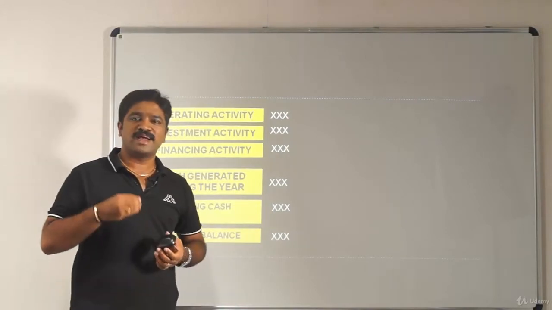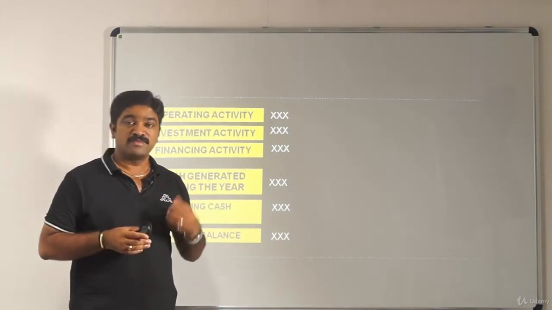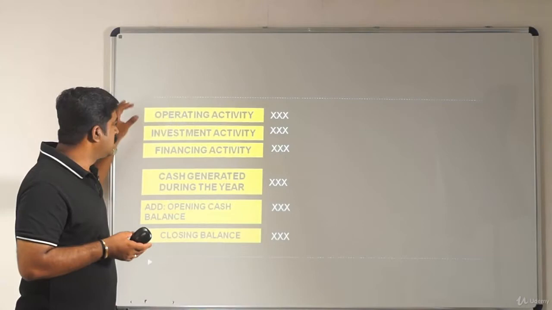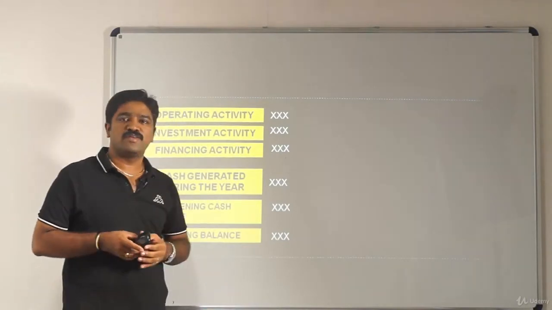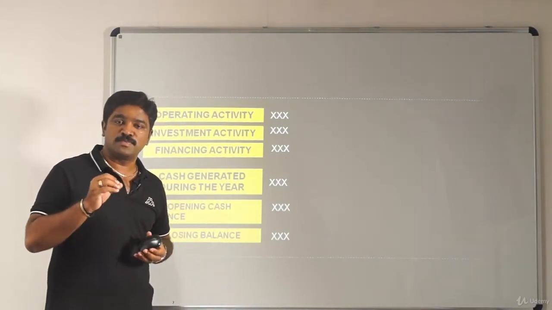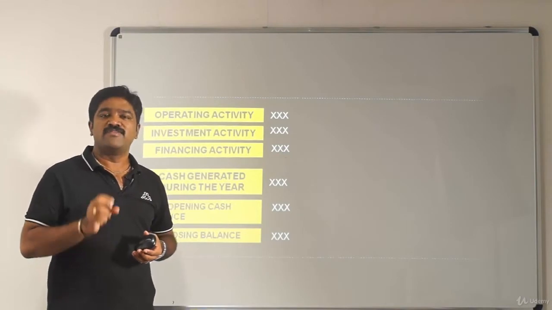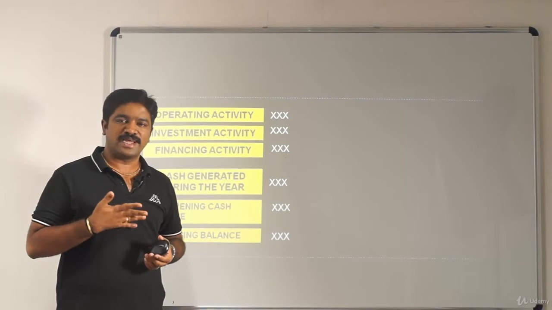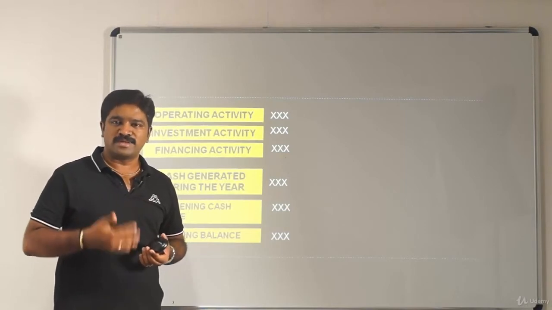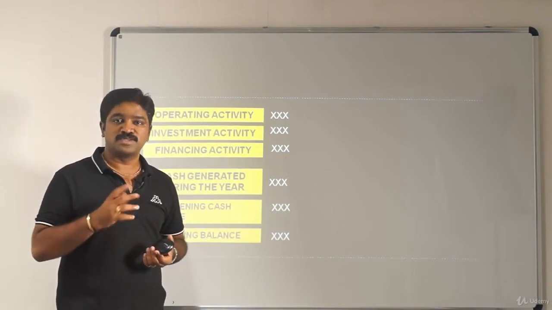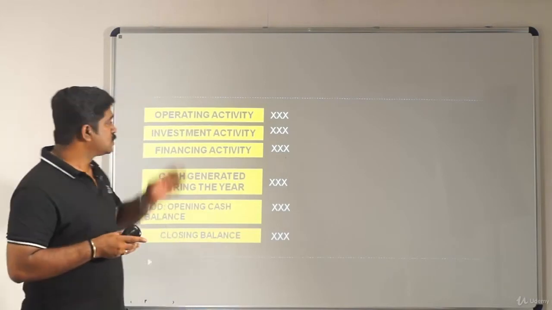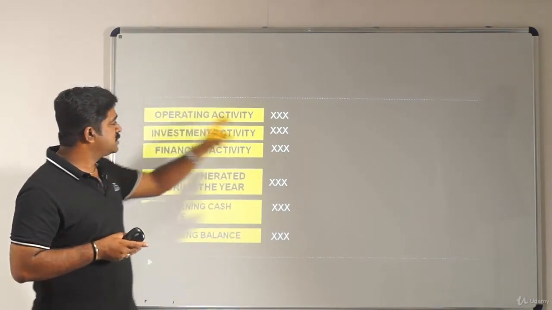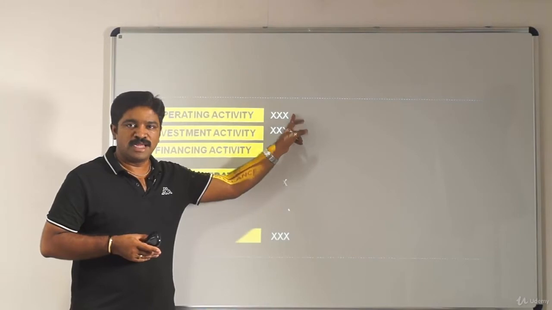So this is basically a kind of reconciliation statement, but the very critical information is we get to know the cash generated from operating activity, whether it is positive or negative. If it is positive, we can be happy about it. But if it is negative, then it's a time to ponder what is the point in running the business if it is not generating positive cash. So we'll get to know whether it is generating positive or negative.